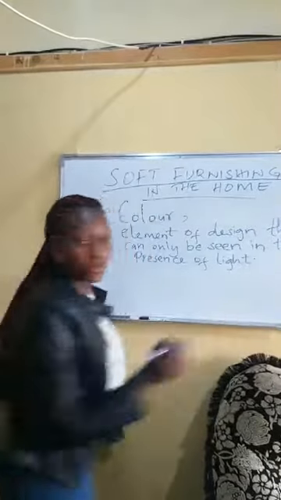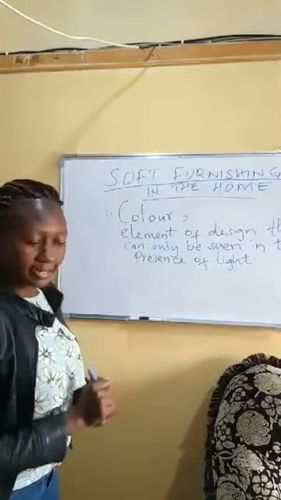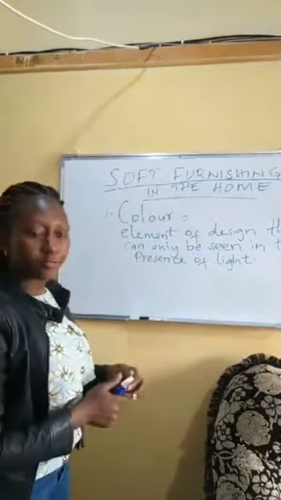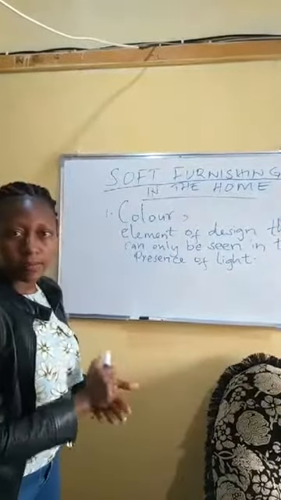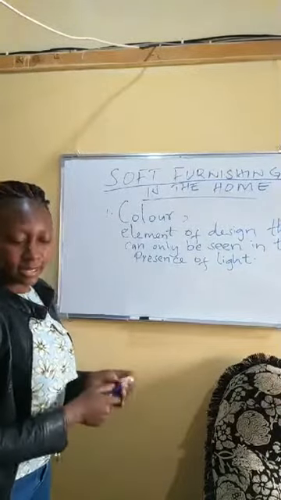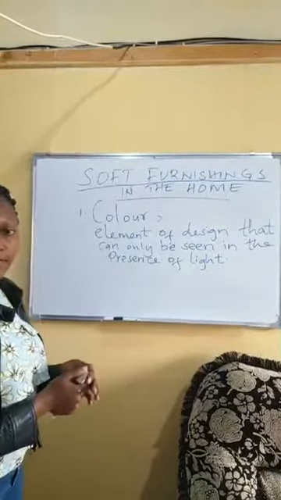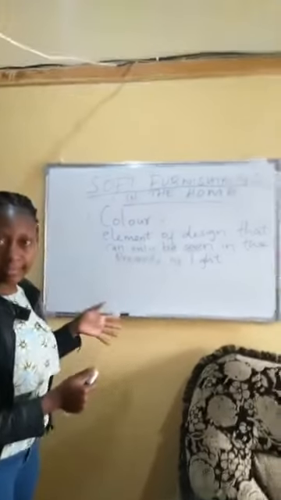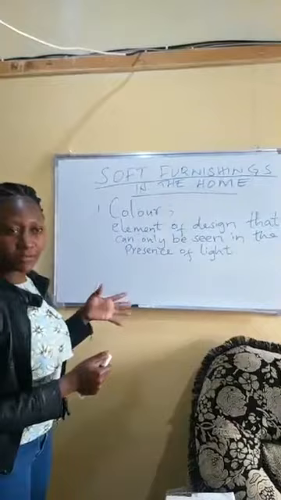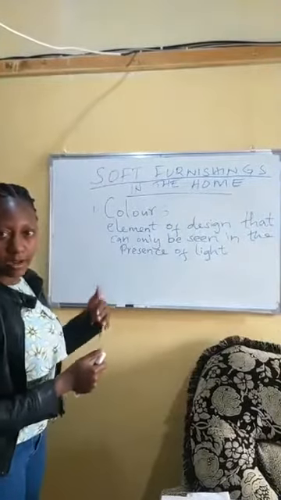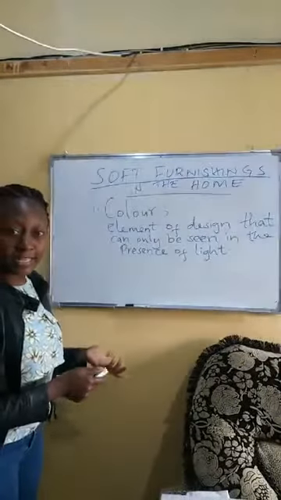So there has to be light for you to be able to see color. And that is why if you have different surfaces and there is light, you'll tend to see various kinds of color. So it is what is reflected and then absorbed that enables you to be able to see color.